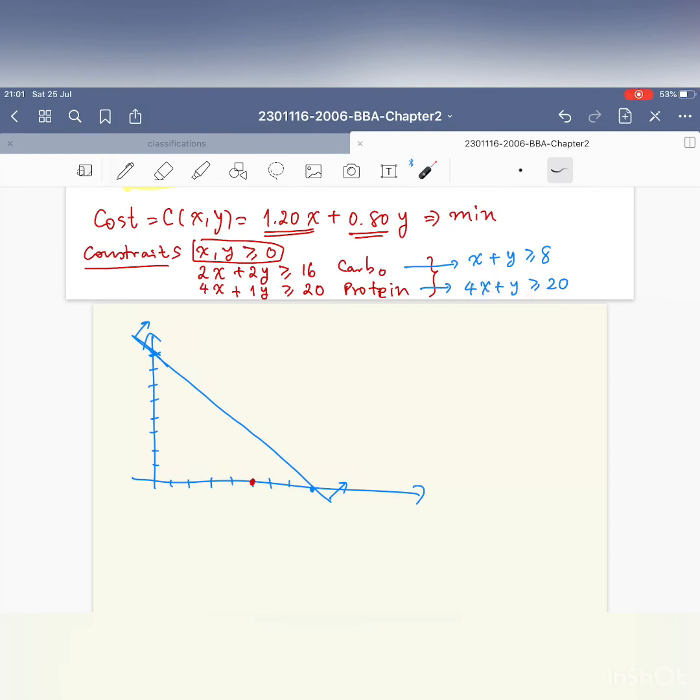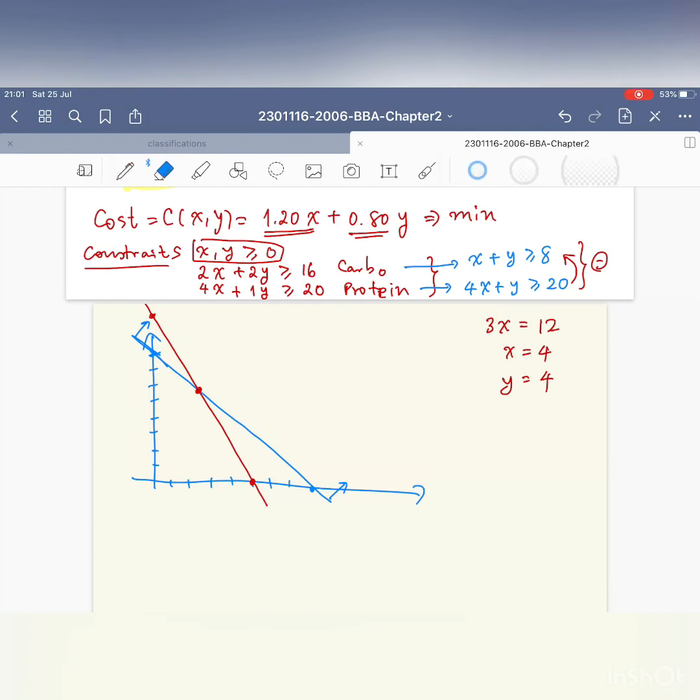So it's going to be beyond, okay, here's 20. All right, and you need to find the intersection between these two. So what is it that you do? You do a subtraction. All right, so you got 3X equals to 12. So your X is 4, and then your Y is 4. So here, 4 and 4.